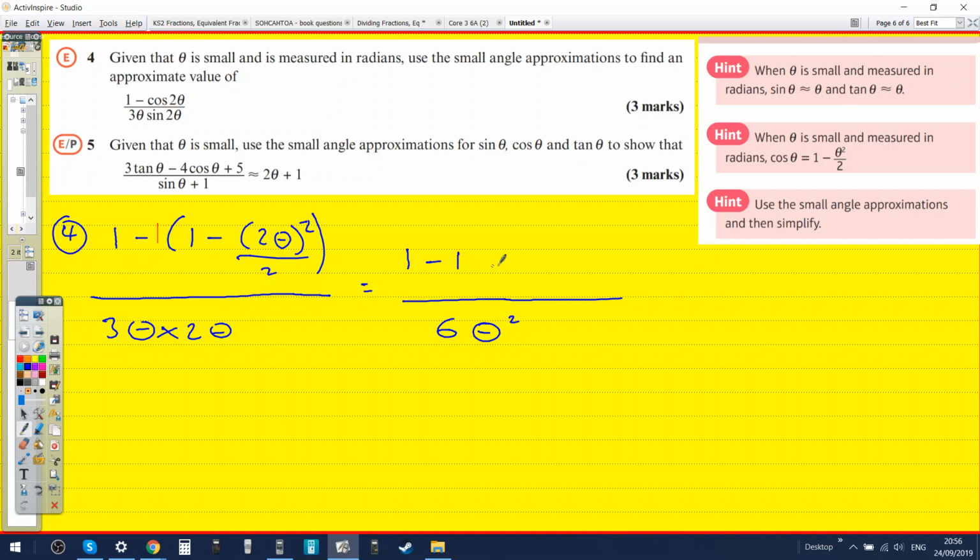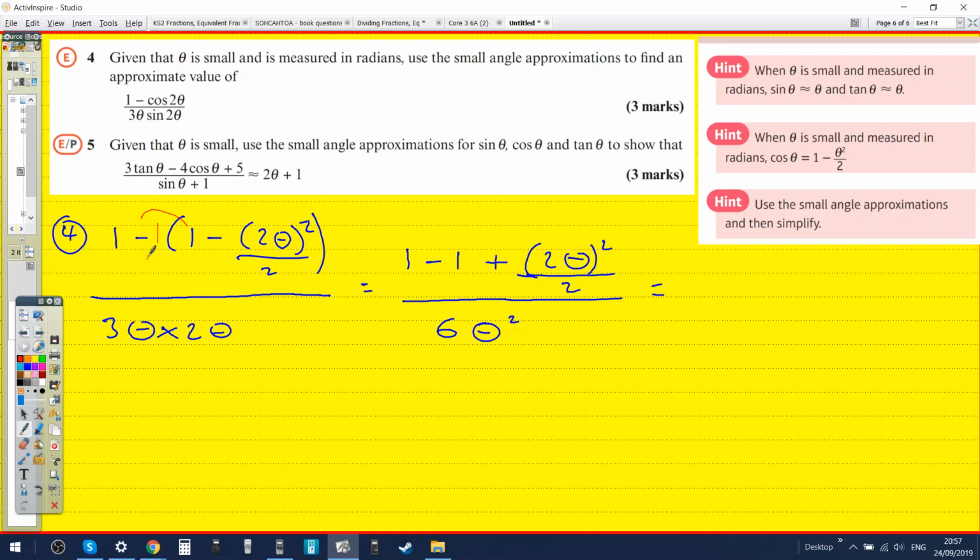So 1, minus 1, and then minus minus, so plus 2 theta squared over 2. So simplify that. I'm getting a bit confused about expanding.